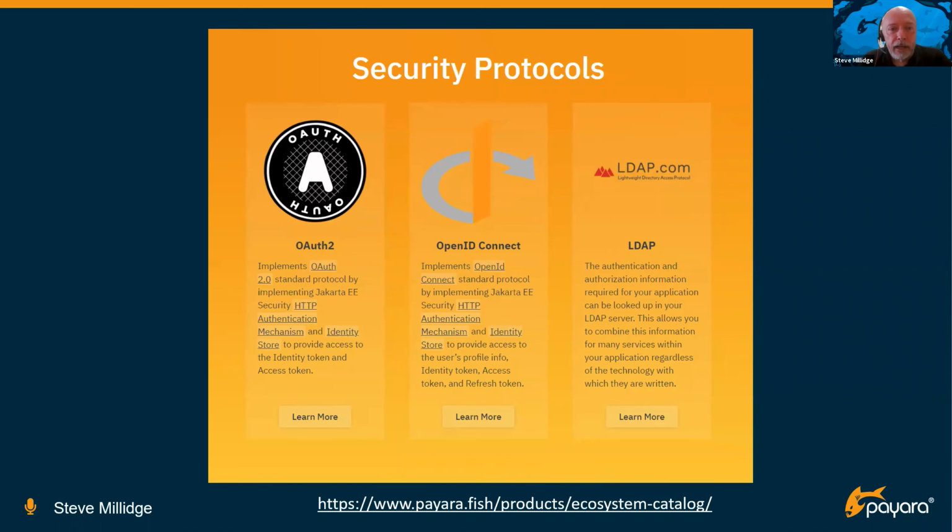So again, using standard Jakarta EE, like Jakarta Security, things like that, we can build these connectors for you so that your applications can use them and be in the correct context for the rest of the application code.